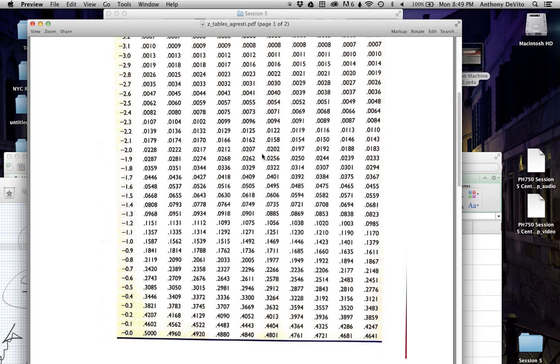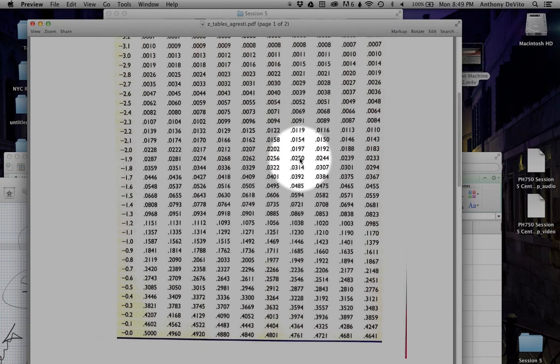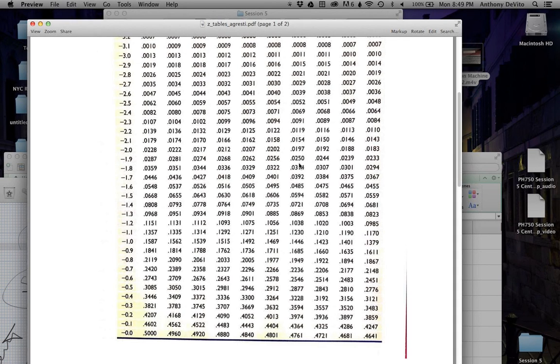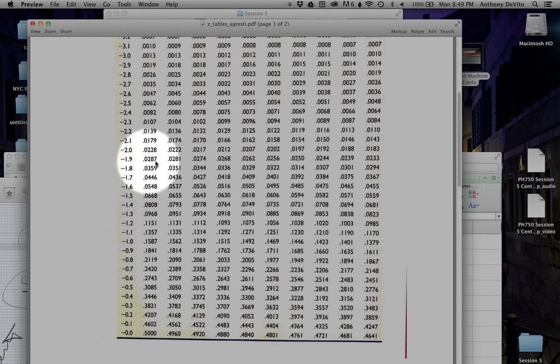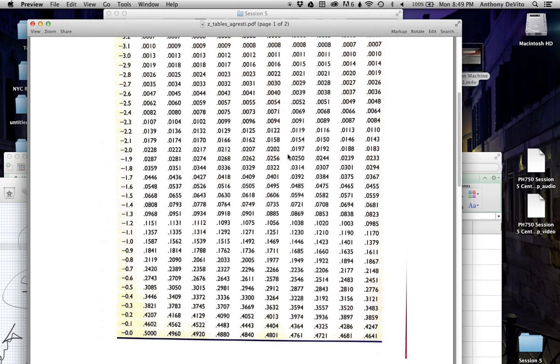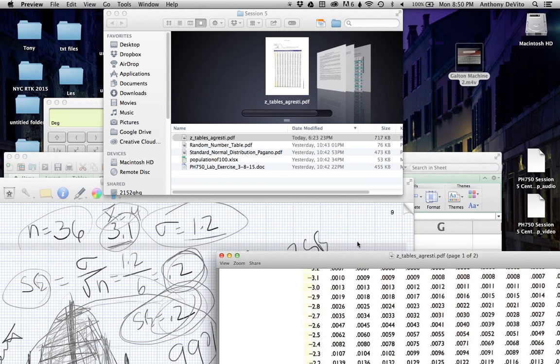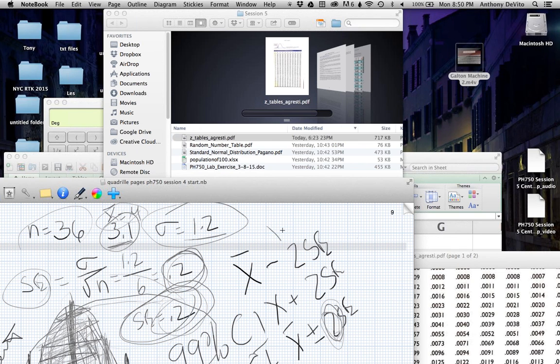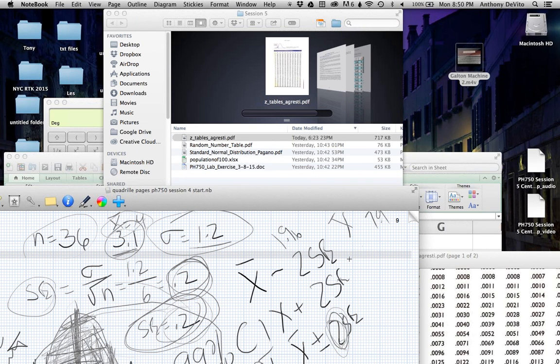So here's 2.5% right here. Let me highlight it. That's 0.0250, and what is that? That's 1.96. In other words, 95% of the distribution is in the middle if I use, instead of 2, 1.96. 2 is just an estimate. So my formula is going to be X bar minus 1.96 standard errors and X bar plus 1.96 standard errors.